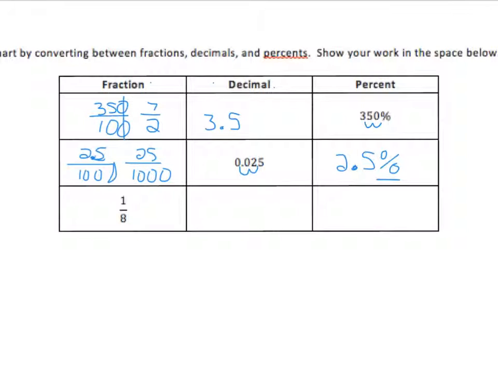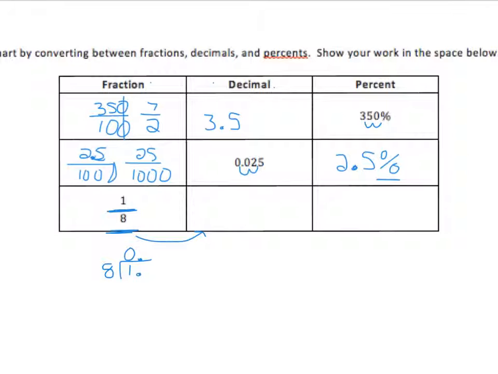All right, for this last one, I think I would like to start with the fraction to a decimal, because for that you divide. Remember, this symbol means divide. So you're going to divide the numerator by the denominator. So 8 goes into 1 0 times.